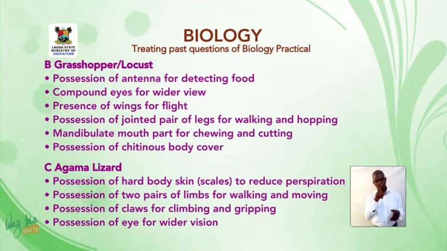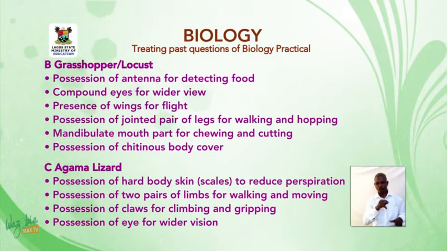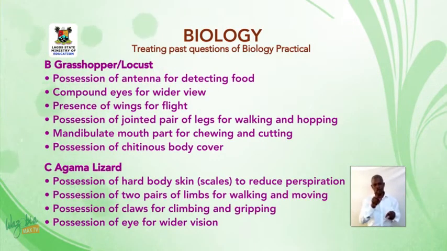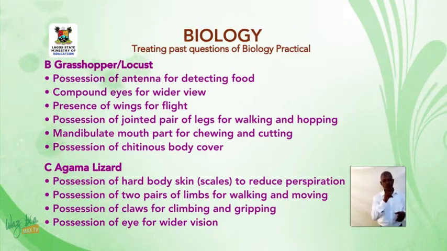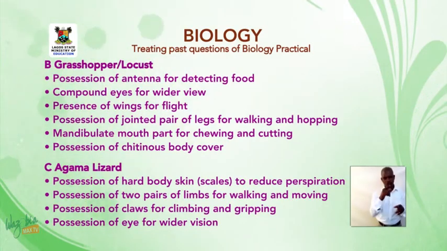Note, for the lizard, you cannot write pairs of legs, so they have limbs for walking and moving. Then possession of claws for climbing and gripping. Then lastly, possession of eye for wider vision.